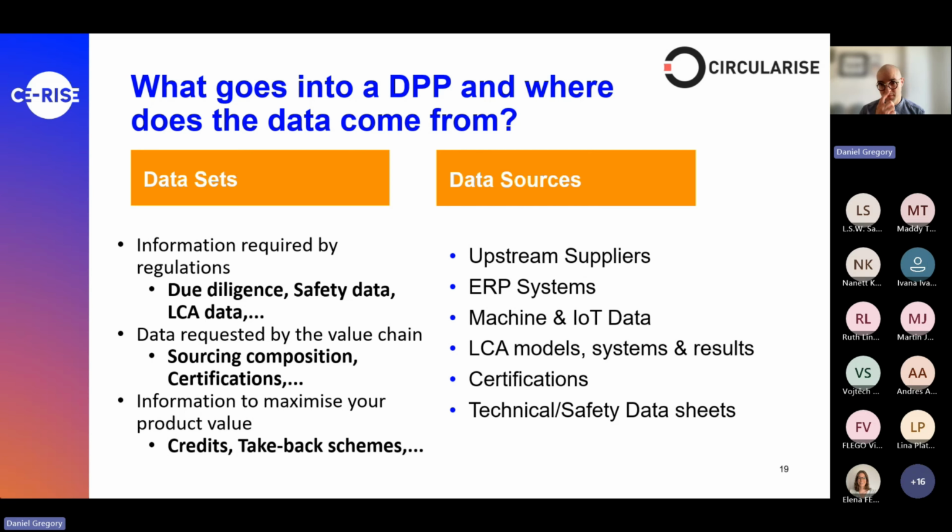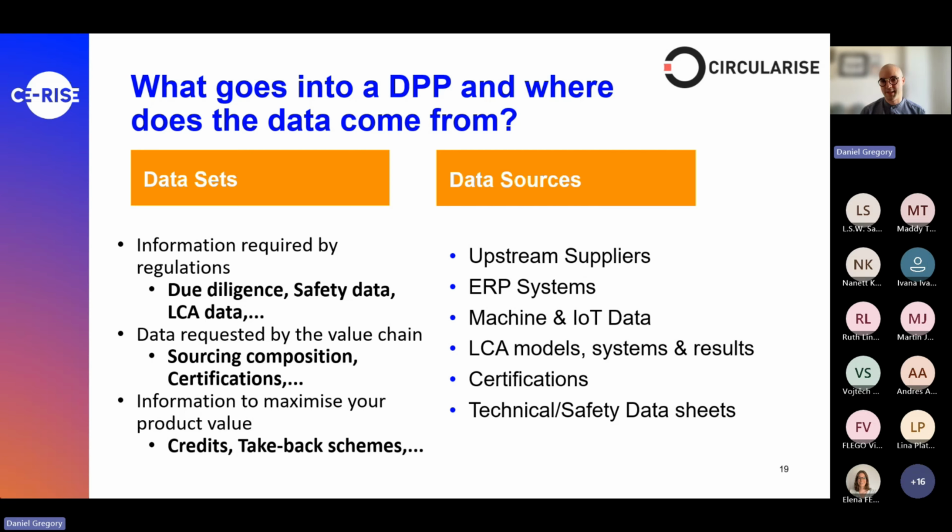Where all of that comes from depends a lot on what the product is, but essentially the majority of that is probably going to come from upstream suppliers. If you're right at the end, if you are upstream, then maybe slightly fewer people behind you, but essentially all of this data is stored or created in different kinds of ERP systems, like resource management systems, machines, and IoT data.